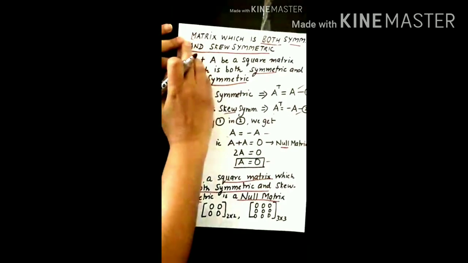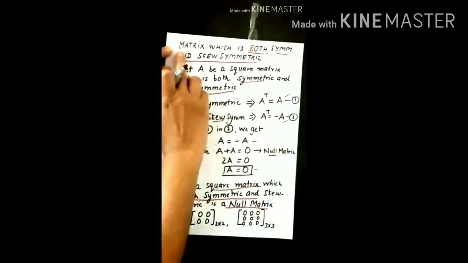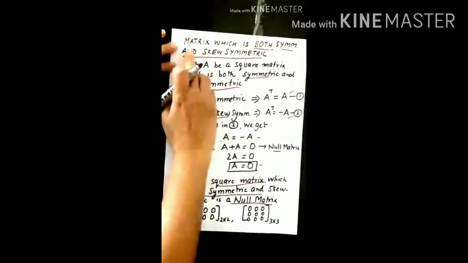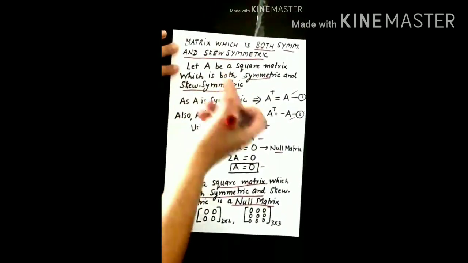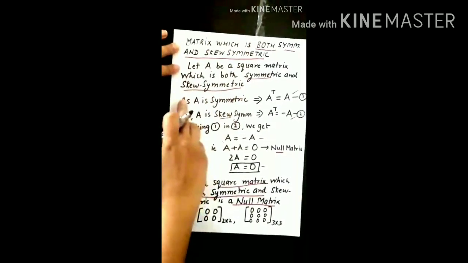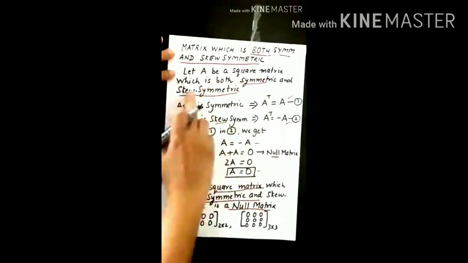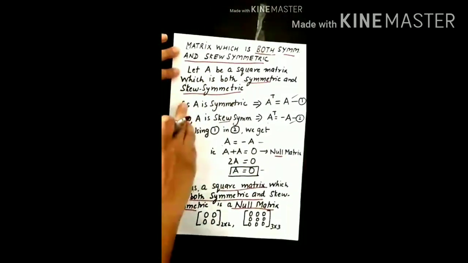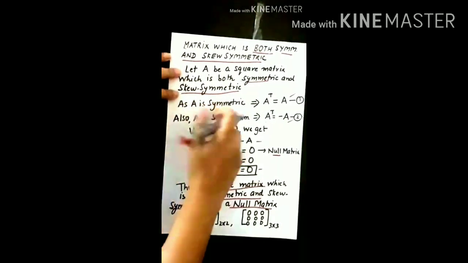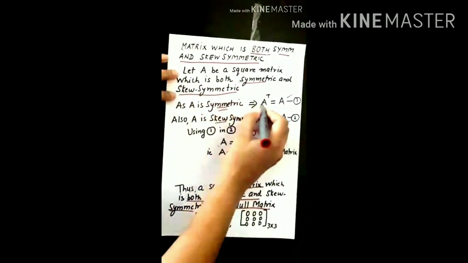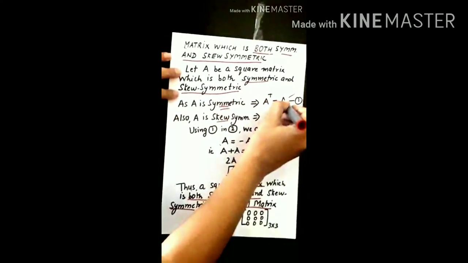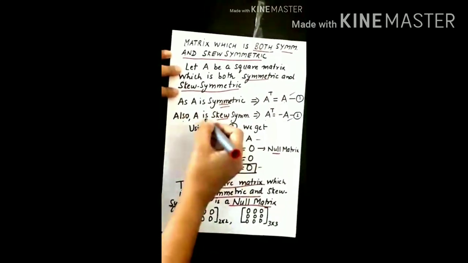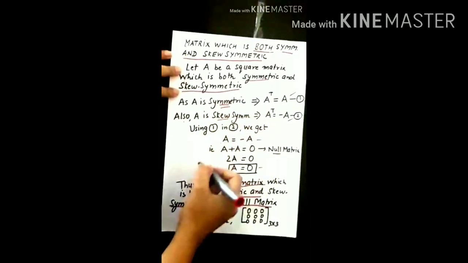Now the question is, is there a matrix which is both symmetric and skew-symmetric? Let's find out. Let A be a matrix which is both symmetric and skew-symmetric. Now as A is given to be symmetric, by definition transpose of A should be equal to A. Also, A is given to be skew-symmetric.